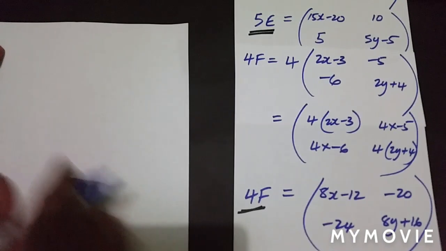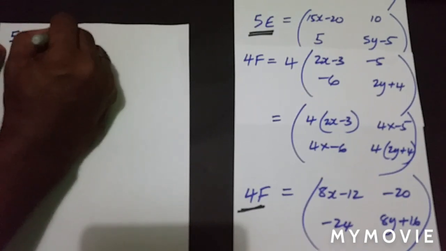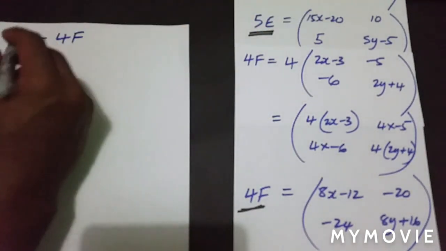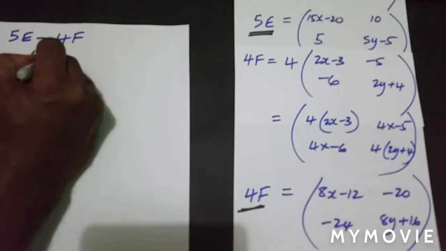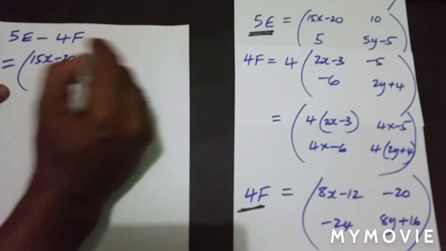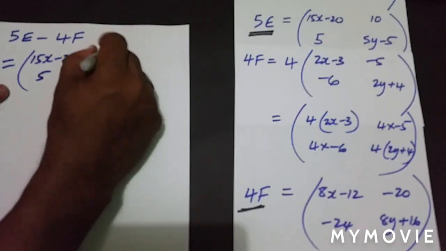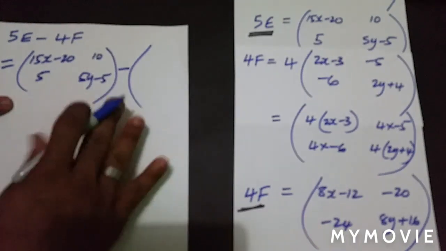So what we have here, 5e minus 4f, simply means we're taking this matrix, which is 15x minus 20, 10, 5, 5y minus 5, and from that we're going to be subtracting 4f, which is this.